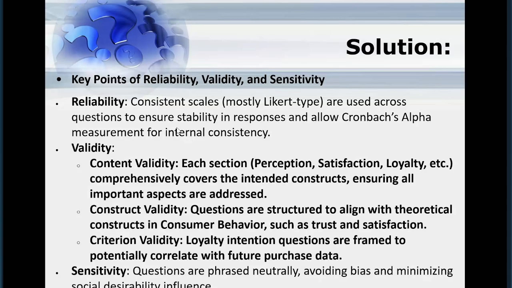Validity. For content validity, each section, perception, satisfaction, loyalty, etc., comprehensively covers the intended constructs, ensuring all important aspects are addressed. For construct validity, questions are structured to align with theoretical constructs in consumer behavior, such as trust and satisfaction.